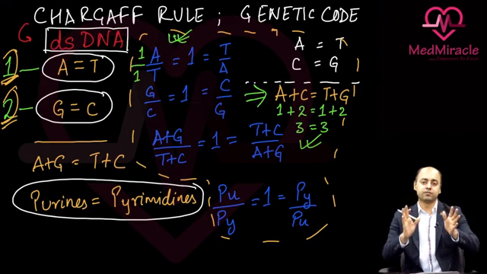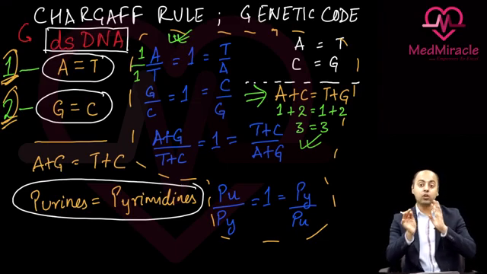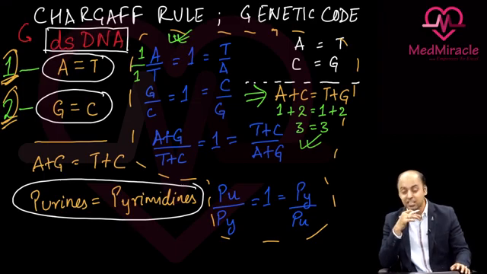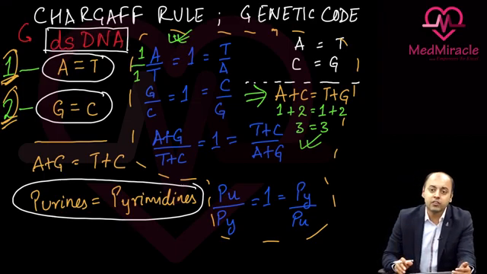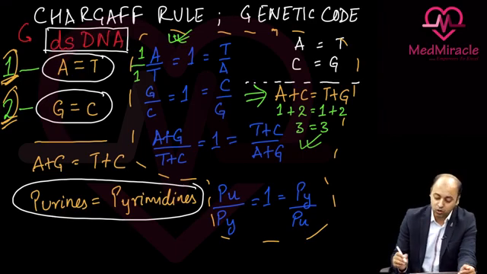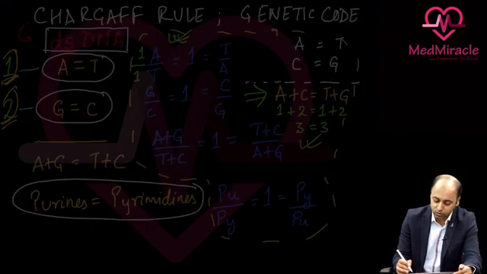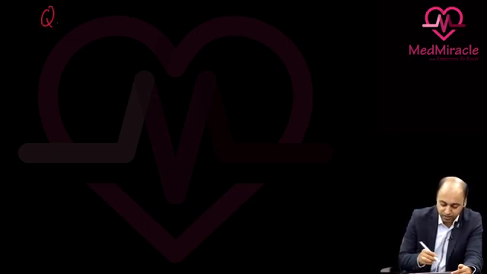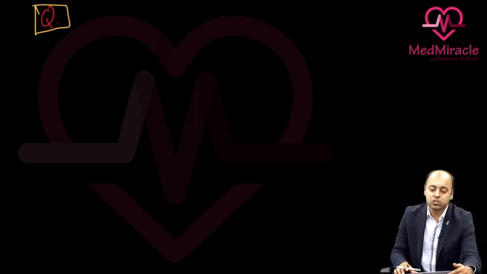Compare the two sides. If the two sides are equal, then the given equation is correct. If the two sides are not equal, obviously the given equation will not be correct. The Chargaff rule is very frequently tested in your exam, with the help of different permutations and combinations.